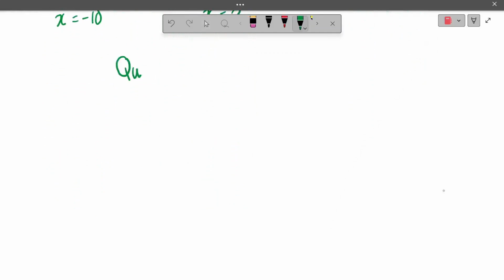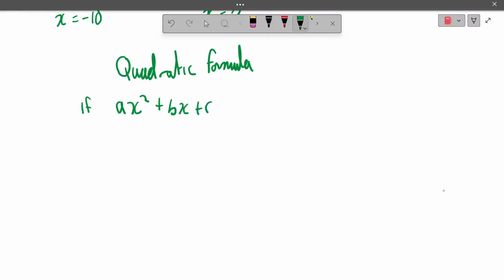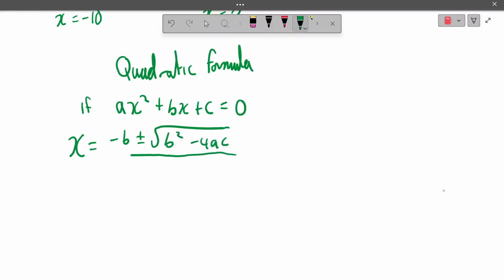So the quadratic formula is: if ax squared plus bx plus c equals 0, then x equals minus b plus or minus the square root of b squared minus 4ac, all over 2a.